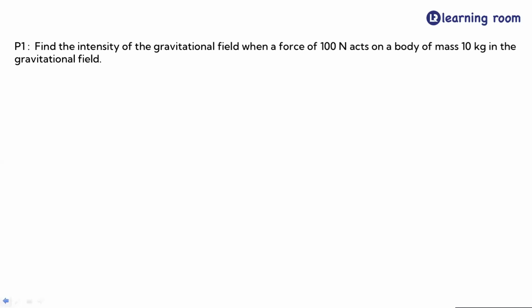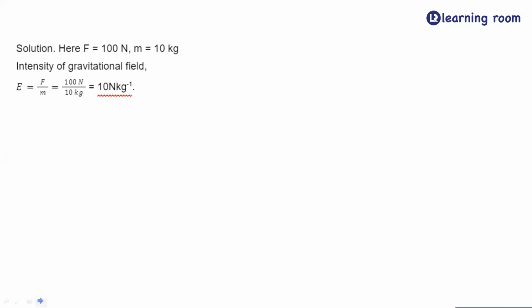E is equal to F divided by m. What is the value of F? 100. What is the value of m? It is 10. The answer will be 10 Newton per kilogram. Simple. So that's the value.